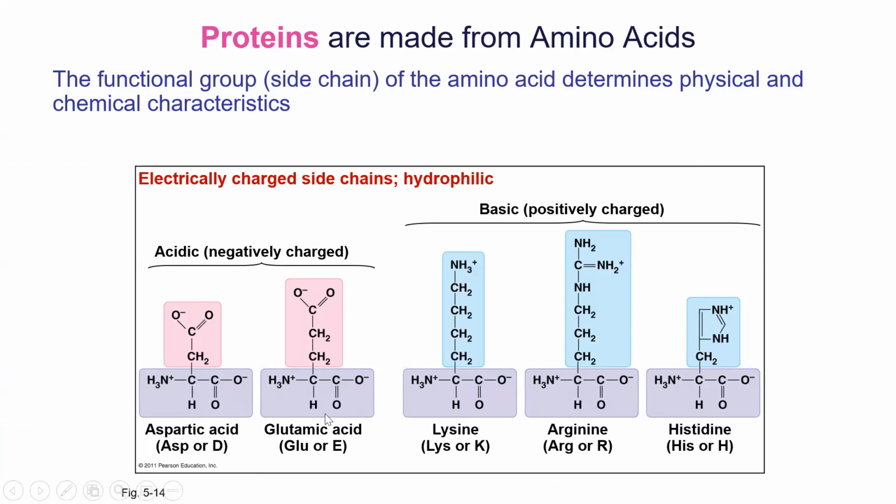So for example, we have glutamic acid here, and you can see there's that carboxylic acid side chain. And so with 20 different amino acids, we have a huge variety in chemical properties. And so proteins can do a huge variety of biological functions because of that, because you can give them all sorts of different amino acids.